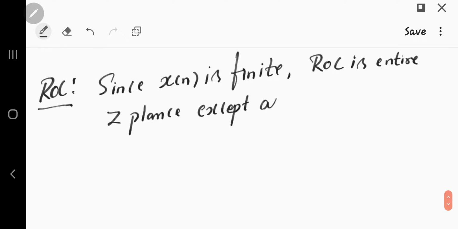Since x of n is finite, the ROC is the entire z plane except at z is equal to 0.